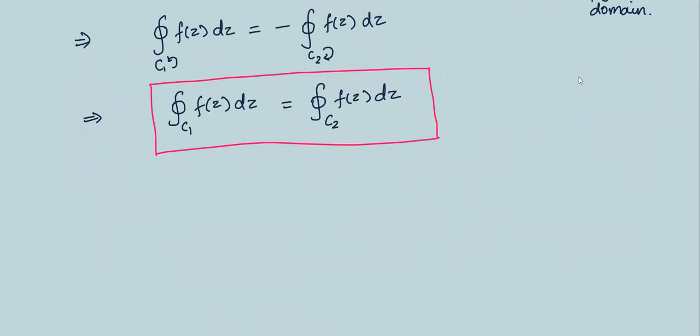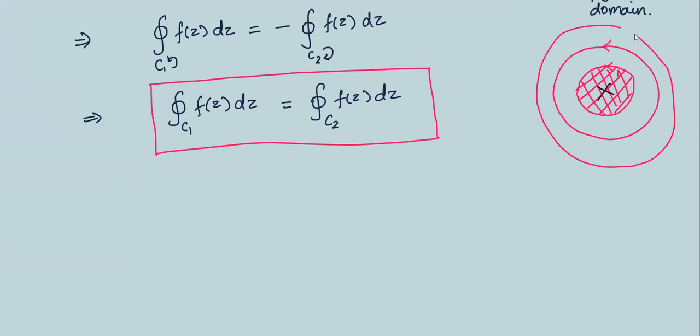So suppose there is a region where the function is not defined or analytic. It may be just one point also, or it can be a region. Outside of this, the function is analytic and it is within the domain. Now, if I choose this boundary path, or any paths around it, let's say C1, C2, C3, all these integrals will be equal.